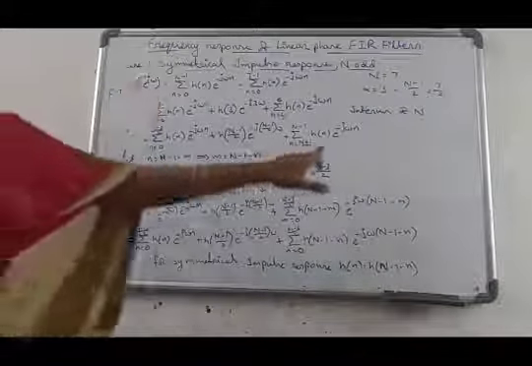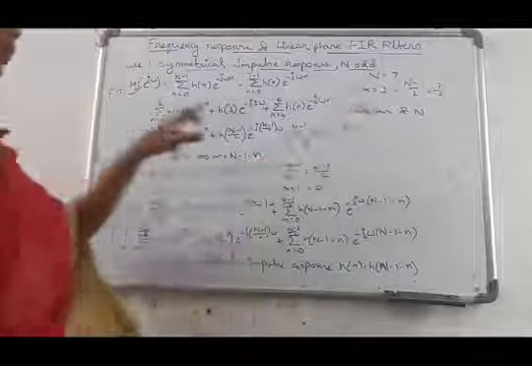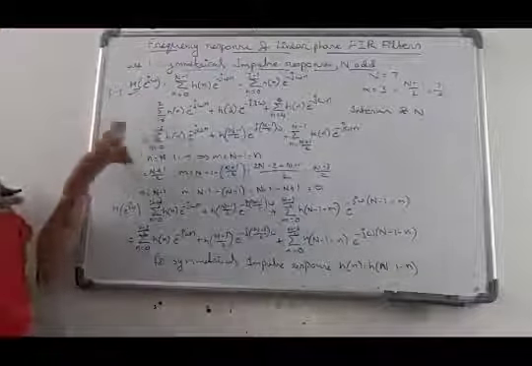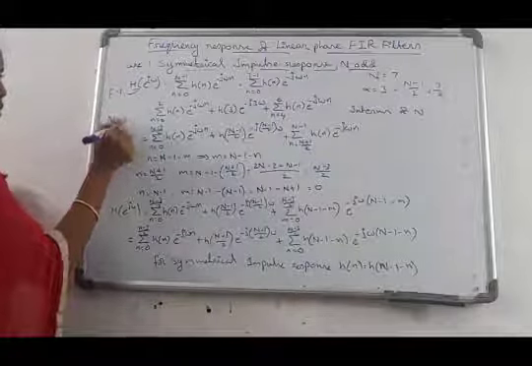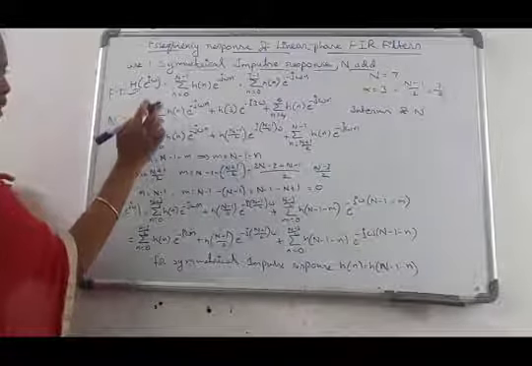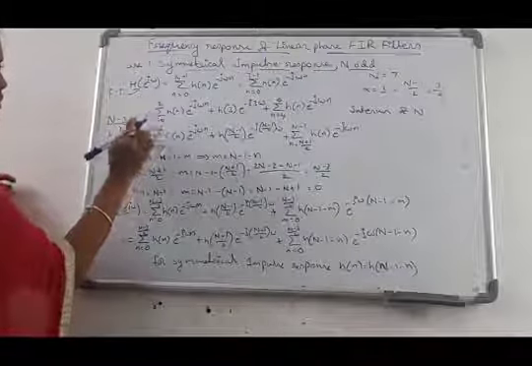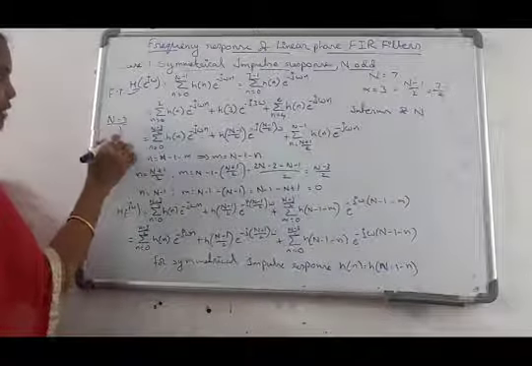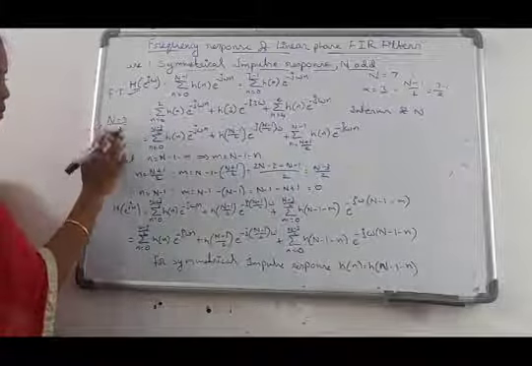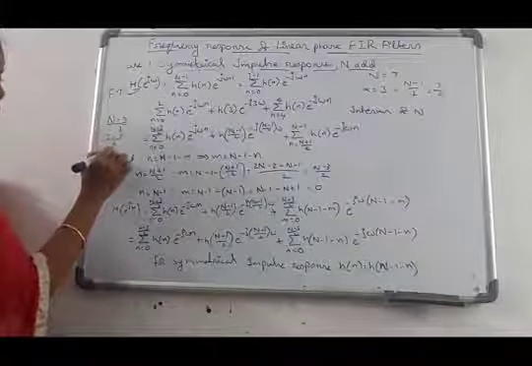Now let us consider these in terms of capital N. How to write 2 in terms of N? That is N minus 3 by 2. Here N is 7, so 7 minus 3 by 2 means 4 by 2, which is equal to 2.